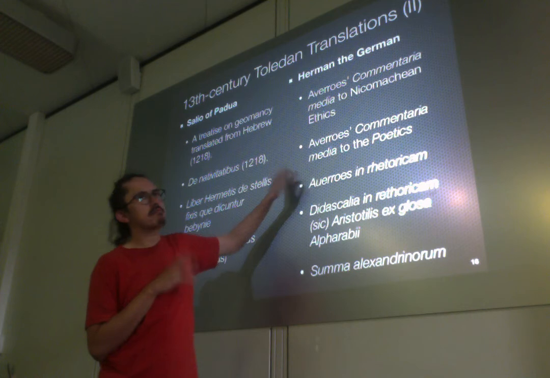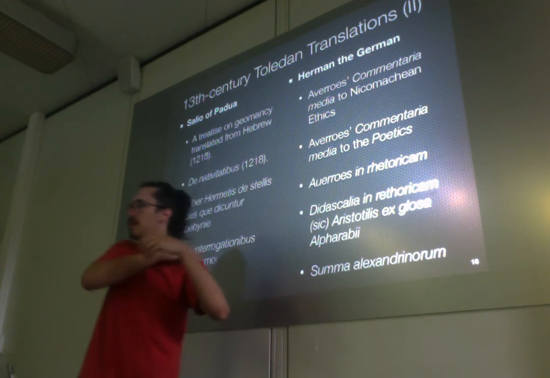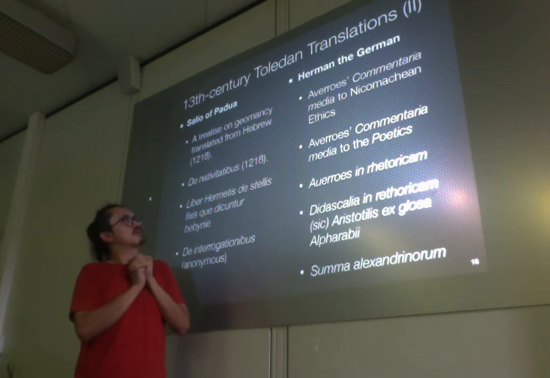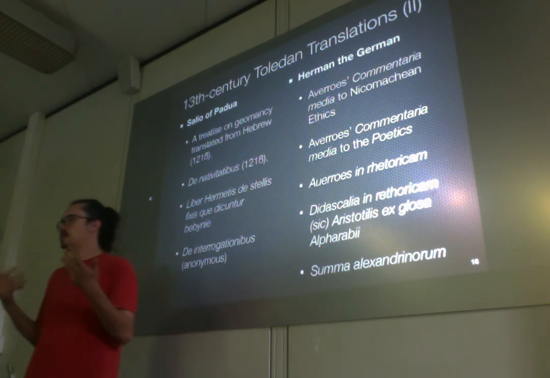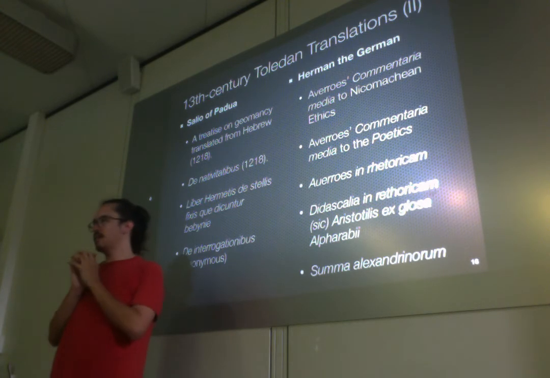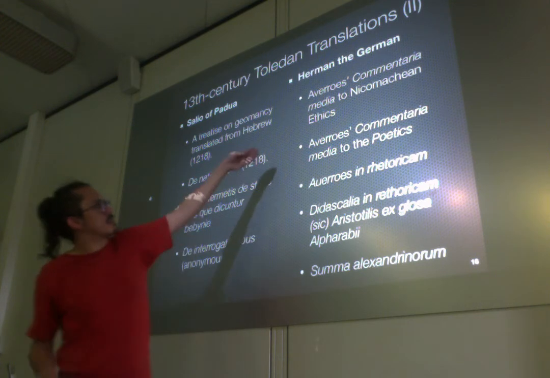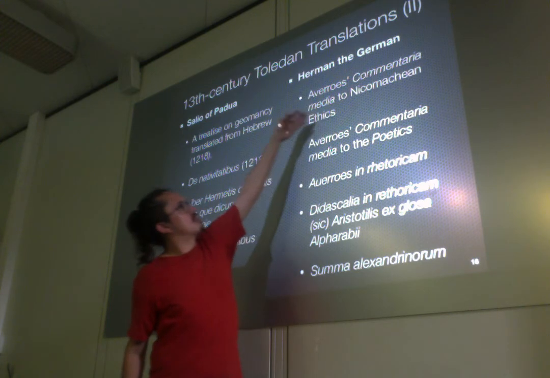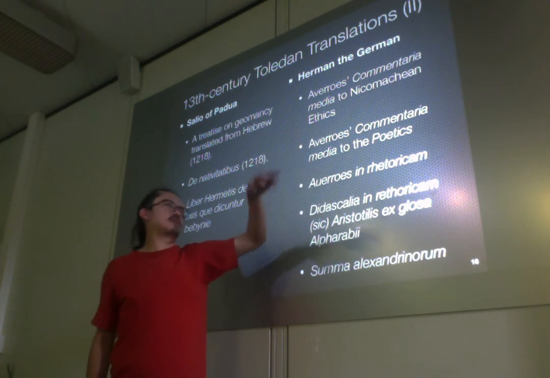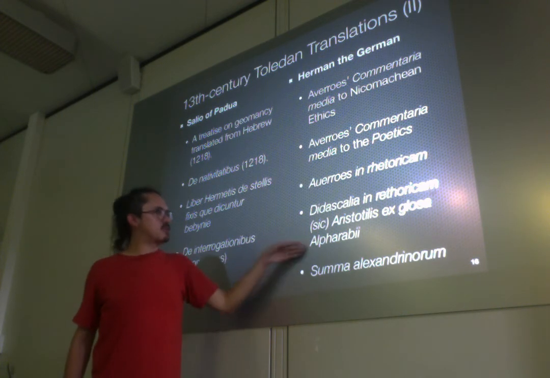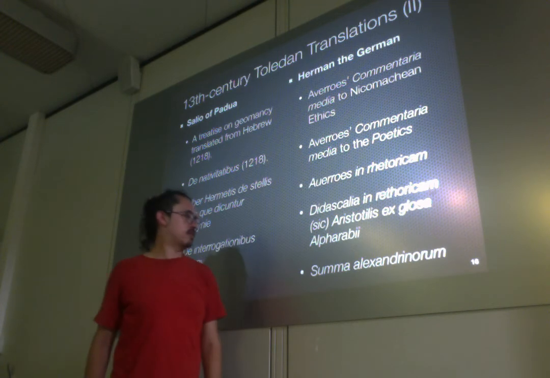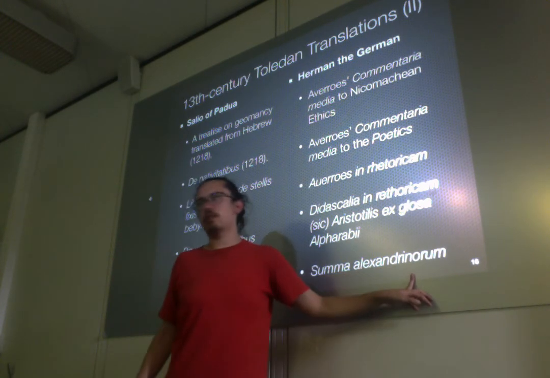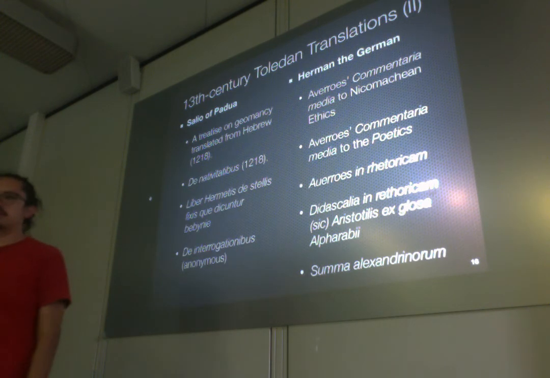Hermann the German has been regarded, I'm not sure if in a just manner, but he has been regarded as probably the one that received the most of Aristotle's work, mainly because he translated these commentaries by Averroes, the commentary to the Nicomachean Ethics, the commentary to the Poetics, the commentary on the Rhetoric, this commentary of Al-Farabi on the Rhetoric of Aristotle, and the Summa Alexandrinorum, which is a compilation of many different ancient authors regarding Aristotelian knowledge.